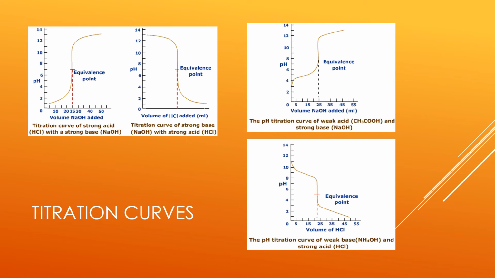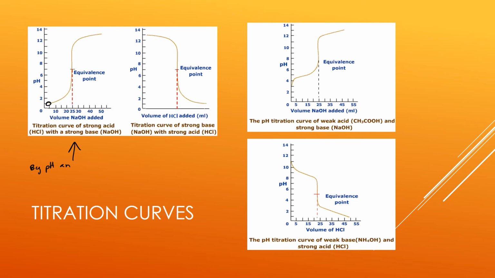Now titration curves. Definitely know your titration curves and all of the components that are along the titration. What we have right here is a titration between a strong acid and a strong base. How I know that is I look at the beginning pH. That indicates what my analyte is.